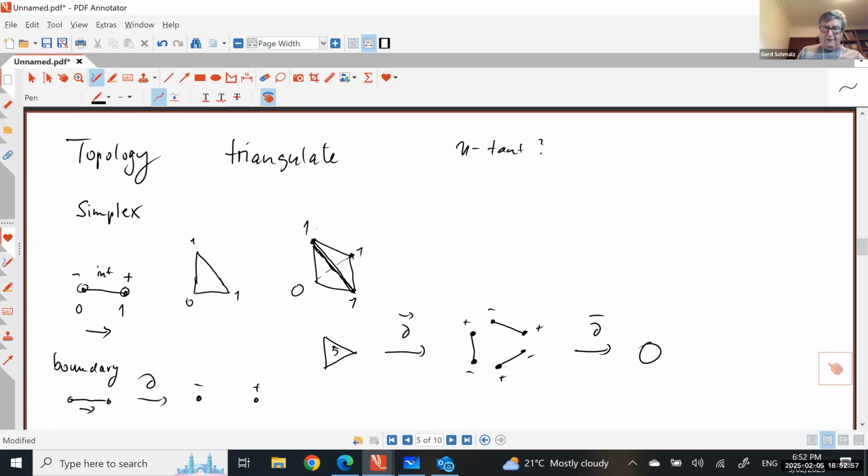So if we have these 4 triangles here and add them together, or the boundaries of these triangles, then they also cancel out. So the boundary of a boundary is always 0, which may ring some bells when we differentiated forms and we applied the differential.